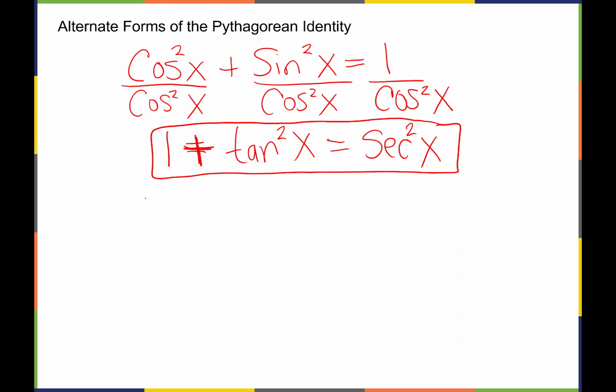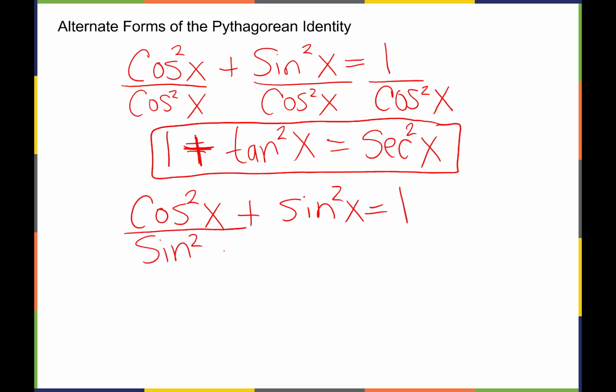Now let's do that again, but this time let's divide everything by sine squared and see what happens. So if I have cosine squared x plus sine squared x is equal to 1, that's how we're going to start off. And then this time I'm going to divide everything by sine squared. Okay, when I take cosine squared divided by sine squared, cosine over sine, that identity is cotangent.